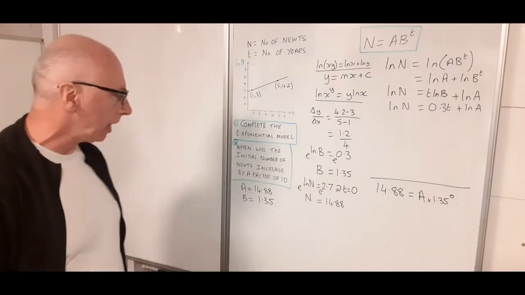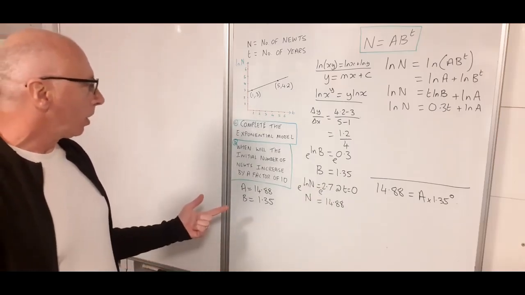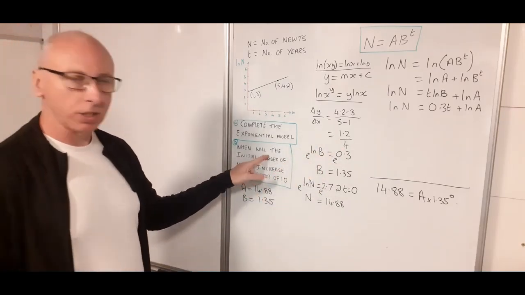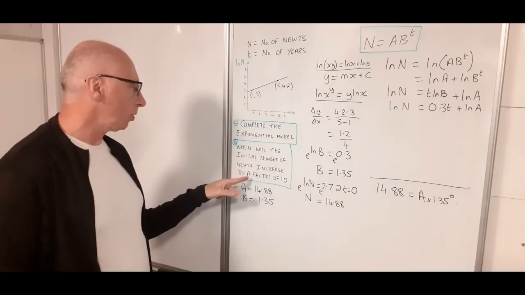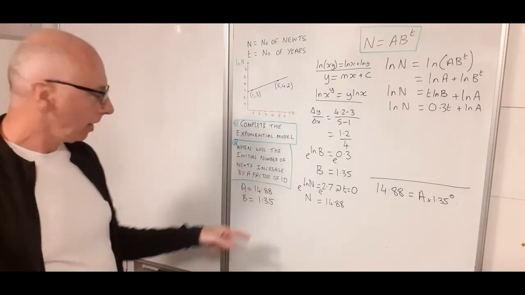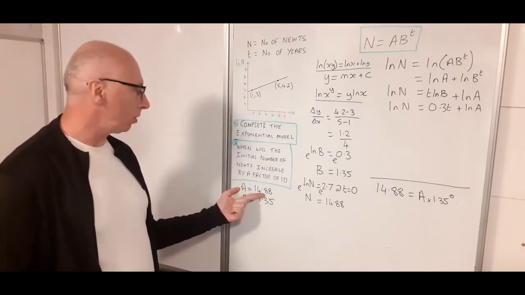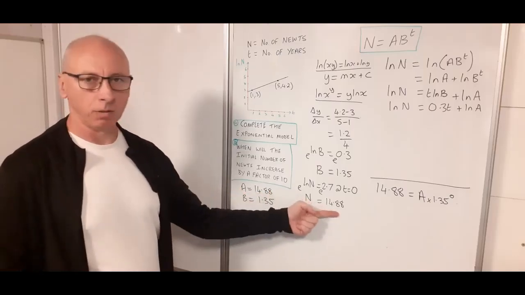So that completes that. Now what we can do is work out our answer to this question. When will the initial number of newts increase by a factor of 10? Now we can just be a little bit careful here. We've got our initial amount of newts as 14.88 at the beginning.